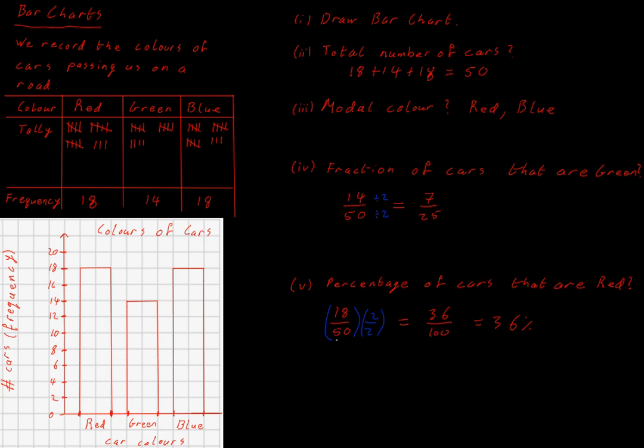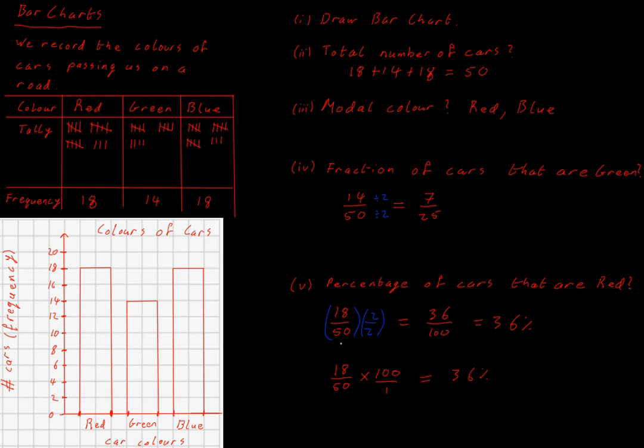Another way of doing this problem, particularly if the fraction wasn't as easy to work out, would be if we have 18 out of 50, we can use a rule type method. If we take this fraction and multiply it on our calculators by 100 over 1, we will end up getting 36% as well. And it's important that we know this method because we won't always be able to do this.